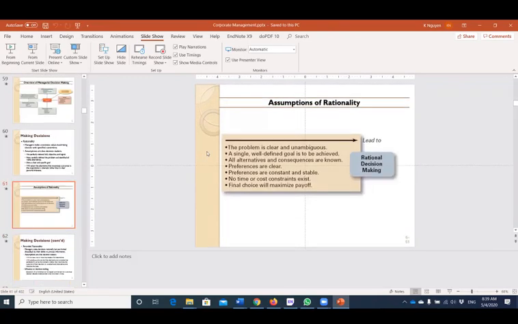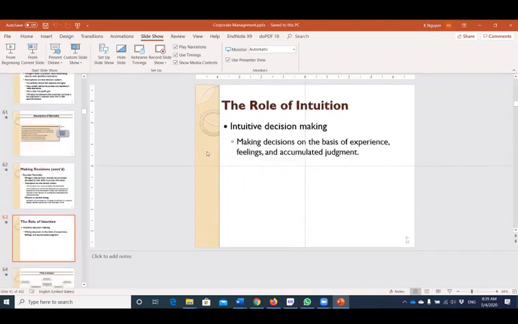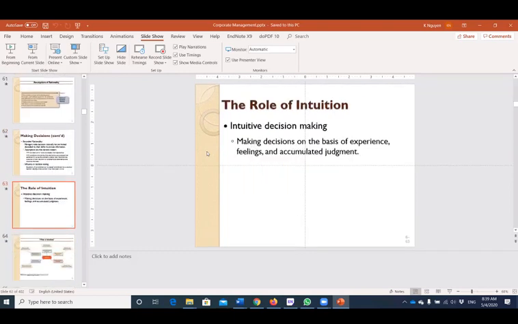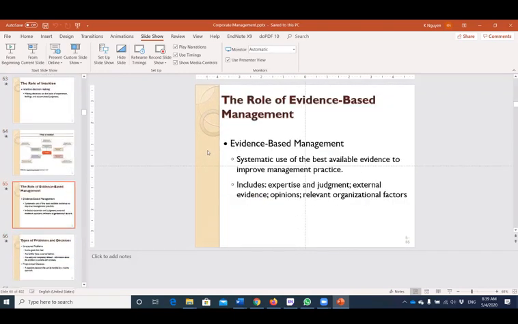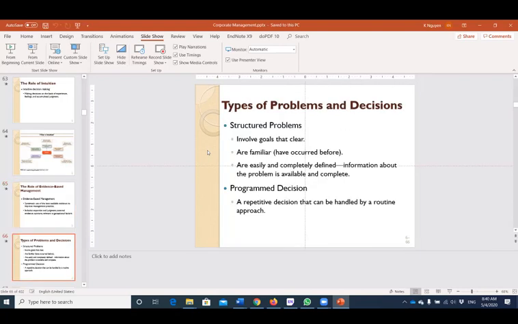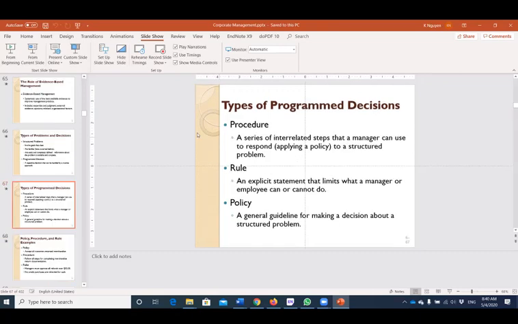Right, you got some types of question or problem, and then there was the matching types of decision as well, right? Structured problems, programmed decision, and procedure and rule, right? A procedure means a series of interrelated steps that a manager can use to respond, applying policy to a structured problem.